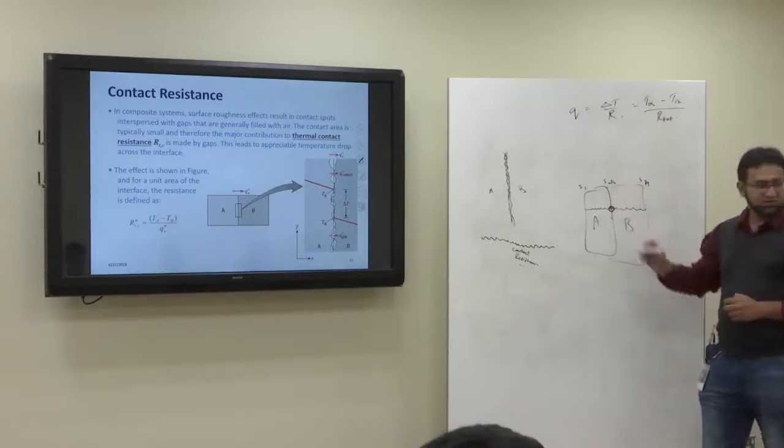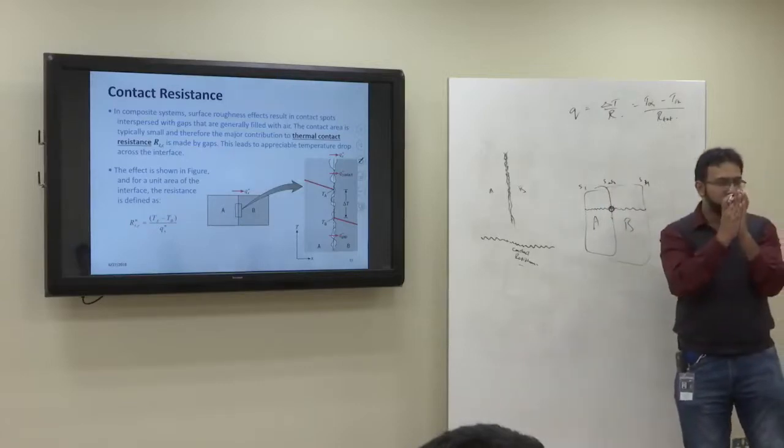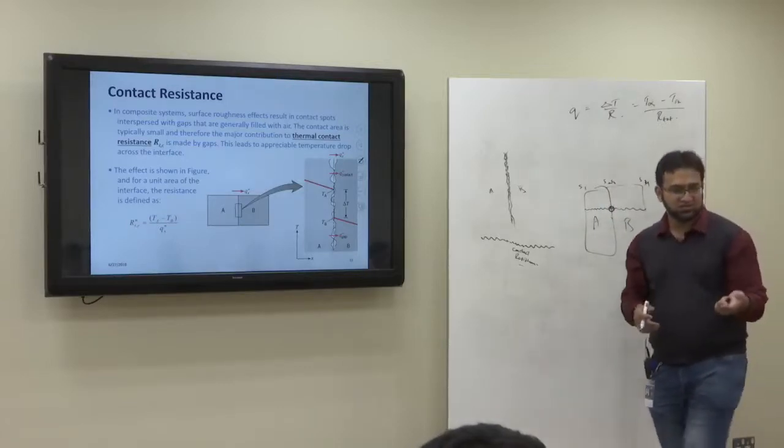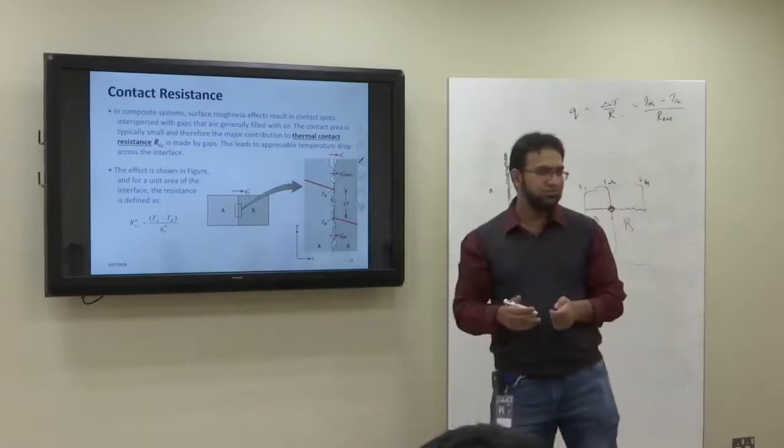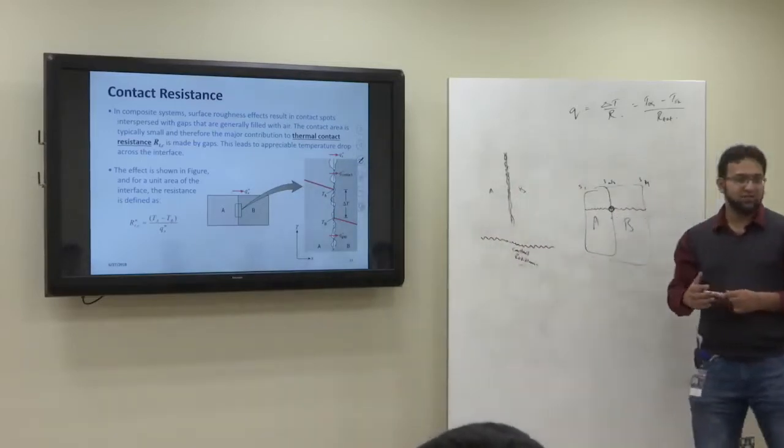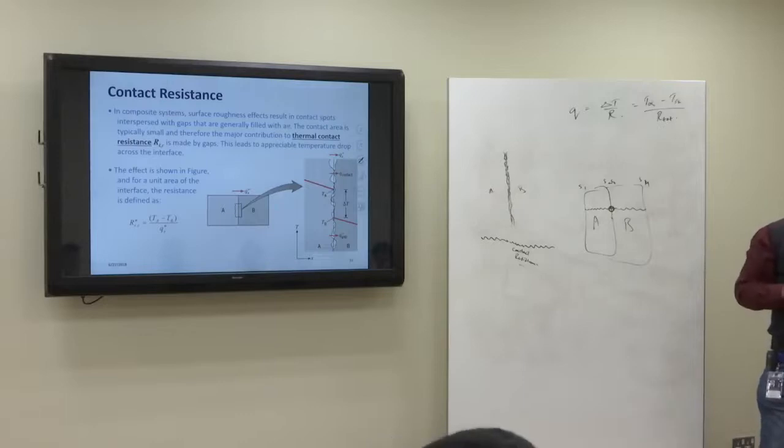But S2 and S3 are so close to each other and they directly provide you the resistance for this, so you can consider them as one, it's okay, because you have the resistance.